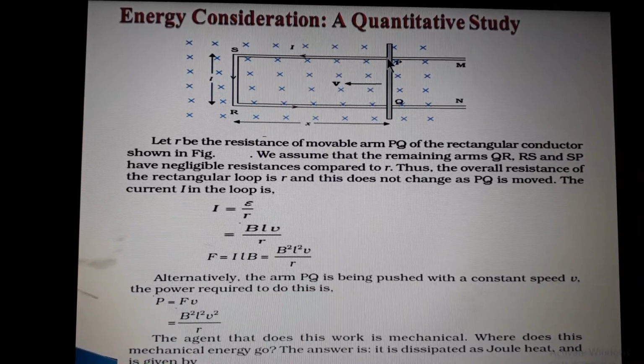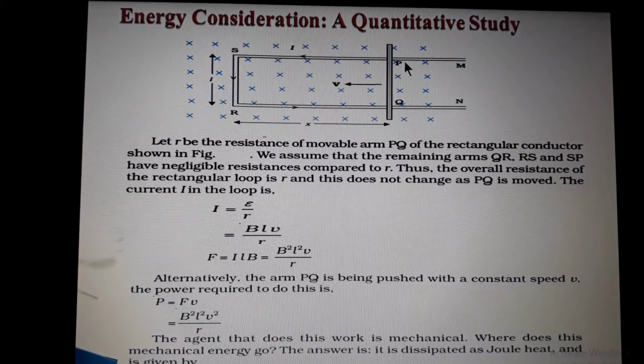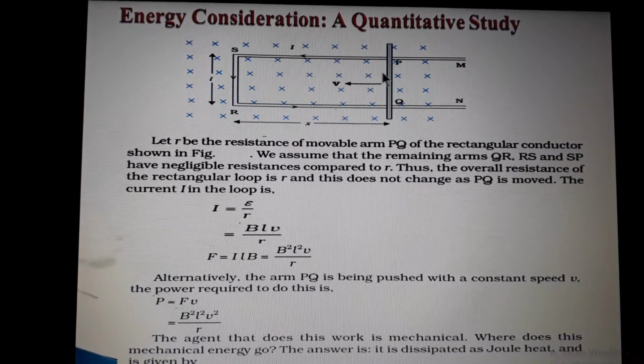That means the resistance of the total loop PQRSP is ultimately just the resistance of PQ, which is small r.